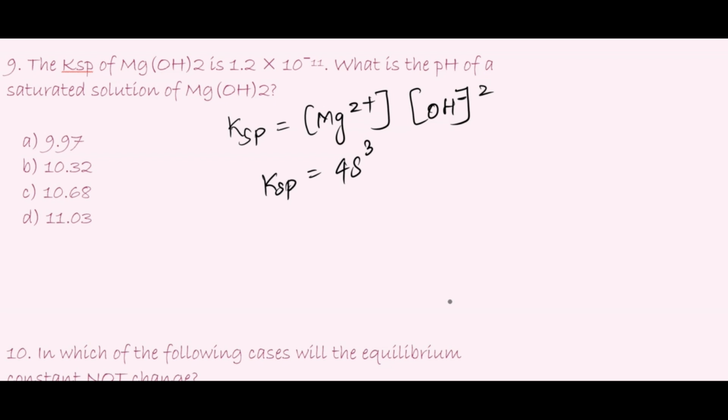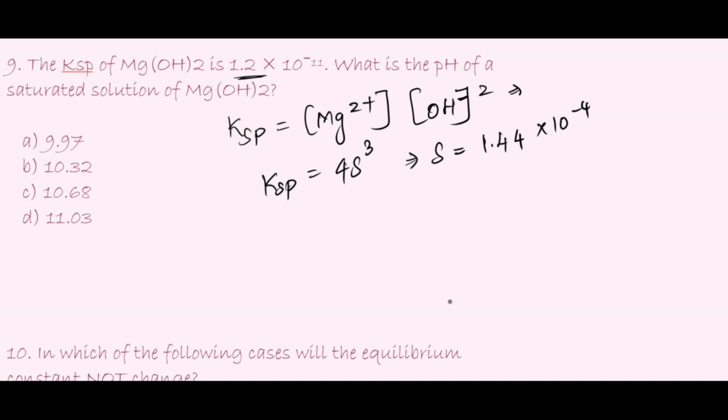S stands for solubility, right? So find the S value, which comes out to 1.44 into 10 to the power minus 4. Once we find the S value, look at OH minus.